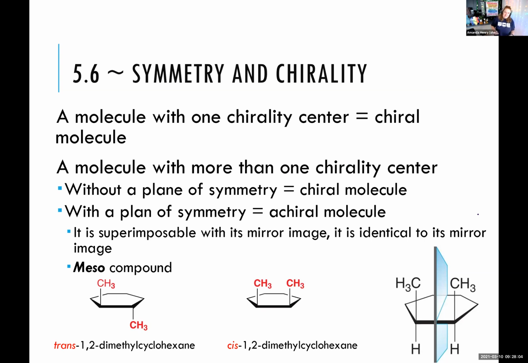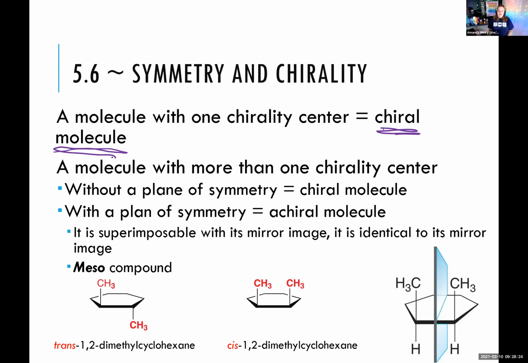Now, the way that that was phrased, the maximum number of stereoisomers, it's phrased a little bit weird on purpose. If we have a molecule with a chiral center, we can call it a chiral molecule, or we can say that it has chirality. We used that term on Monday.